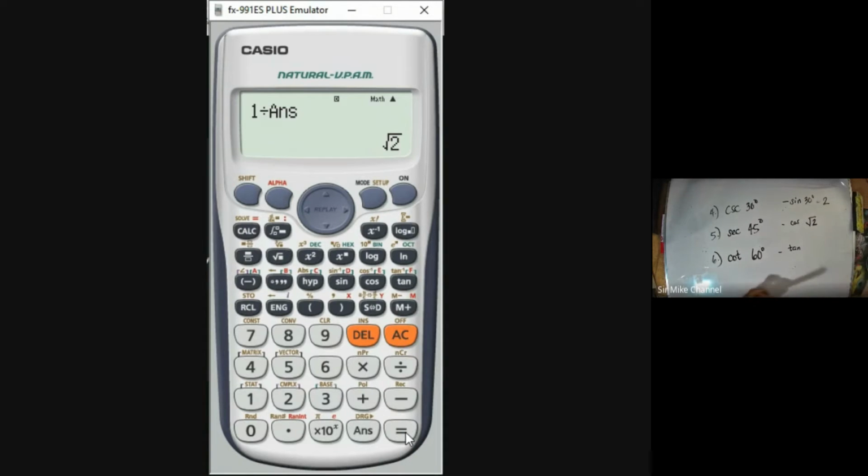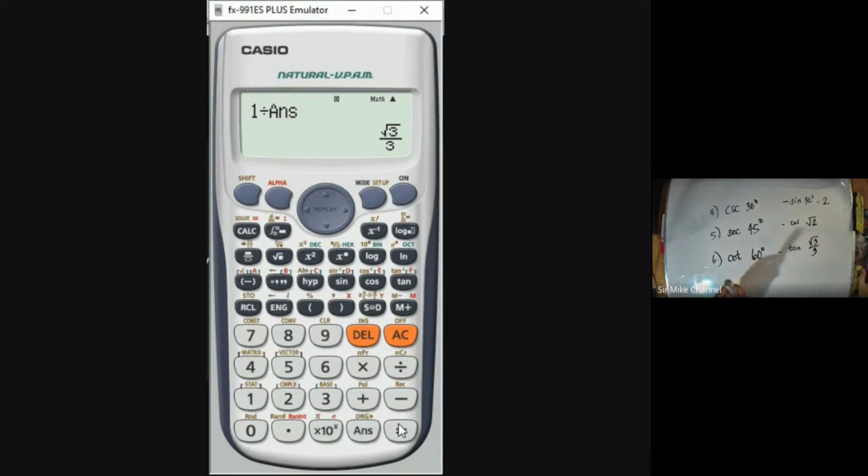How about cotangent 60? So cotangent 60 natin is tangent 60, equals square root of 3. Okay, tapos 1 divided by yung answer natin kanina. Ayan, so square root of 3 over 3.